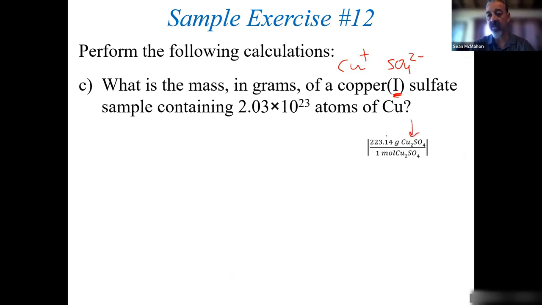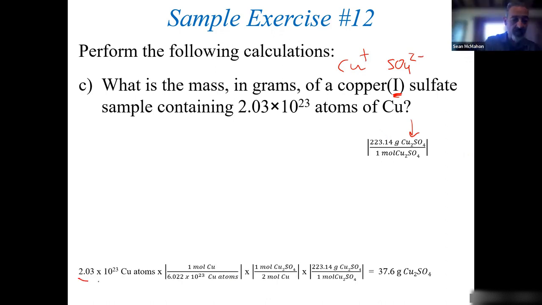So I determine the molar mass using the periodic table. I'm starting with 2.03 times 10 to the 23rd copper atoms. In 1 mole of anything, there's 6.02 times 10 to the 23rd copper atoms, so 1 mole of copper. But in copper 1 sulfate, there's 2 moles of copper per 1 mole of copper 1 sulfate.